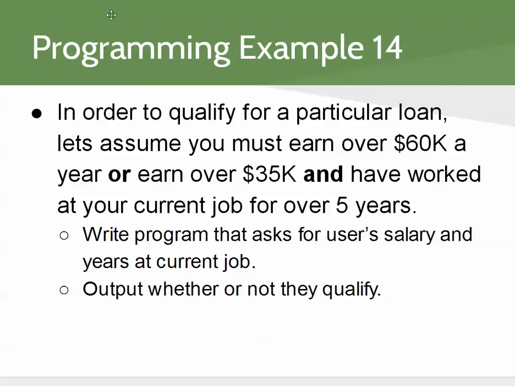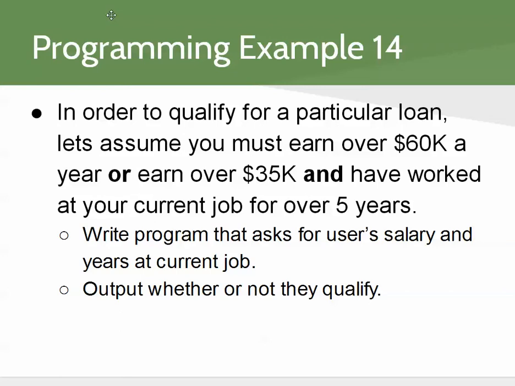We're going to assume that if you earn over $60,000 a year, you'll get the loan, no matter what. The other condition is if you earn over $35,000 a year and you've worked at your current job for 5 years, then you will also get the loan. So there's two basic paths to get the loan, two criteria.